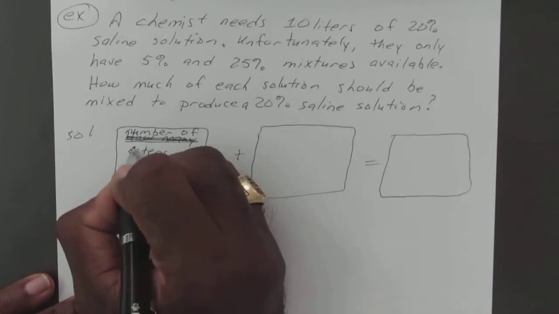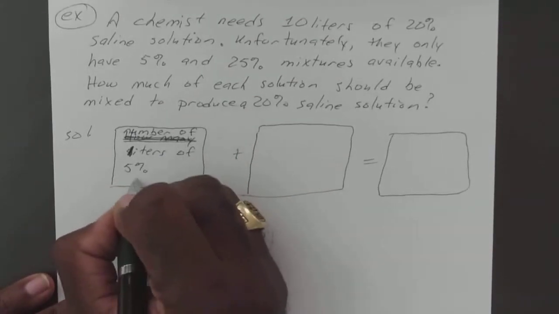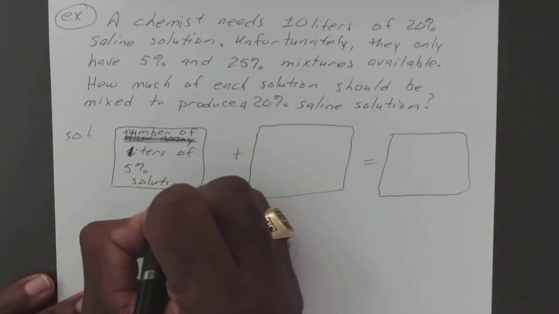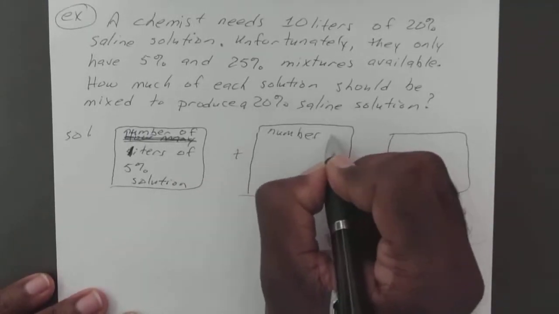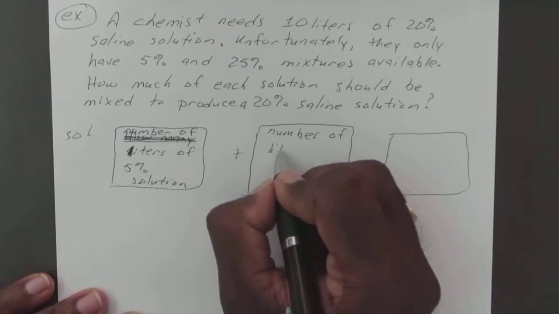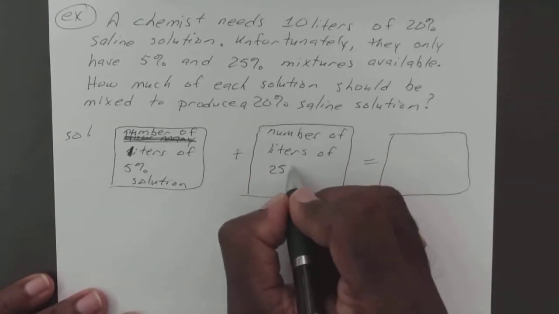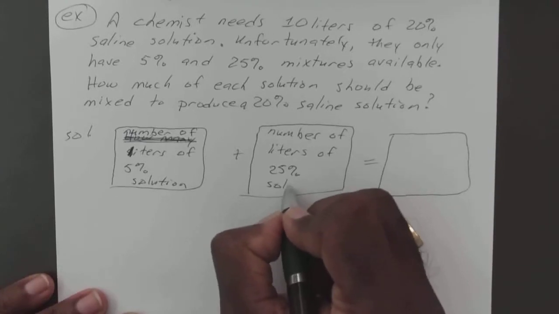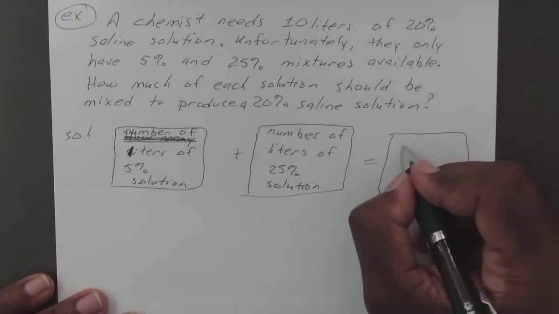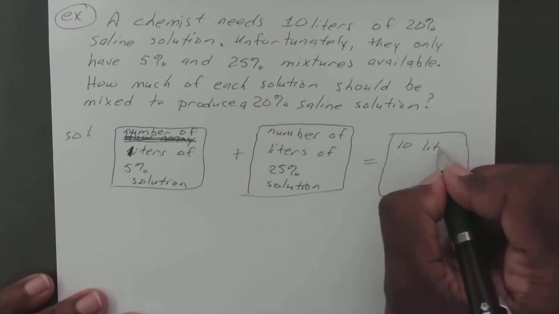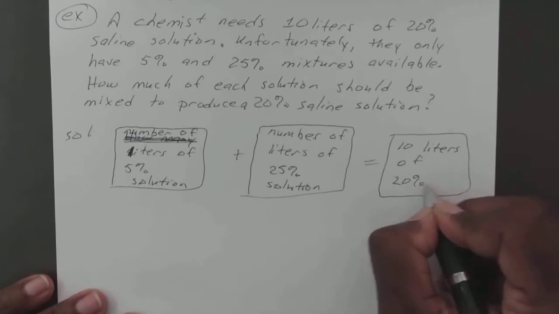Number of liters of 5% solution plus the number of liters of 25% solution is equal to 10 liters of 20% solution.